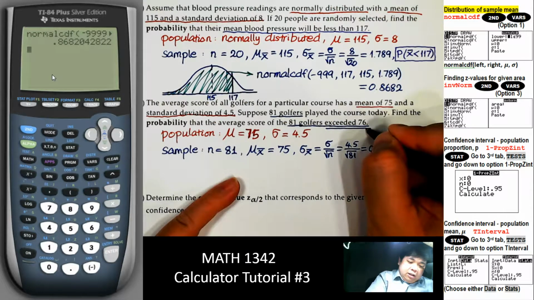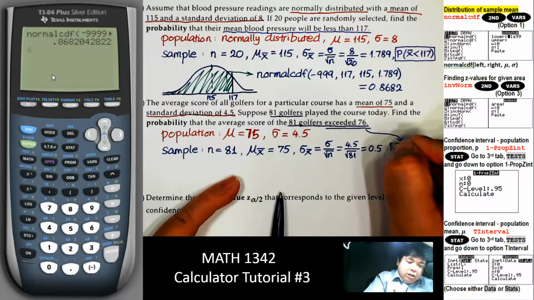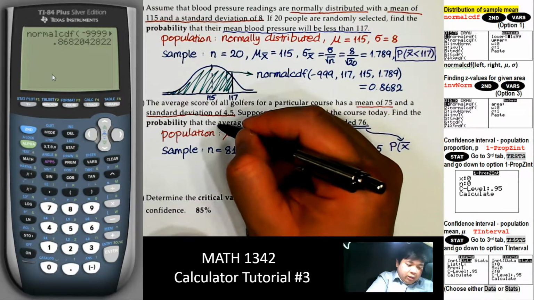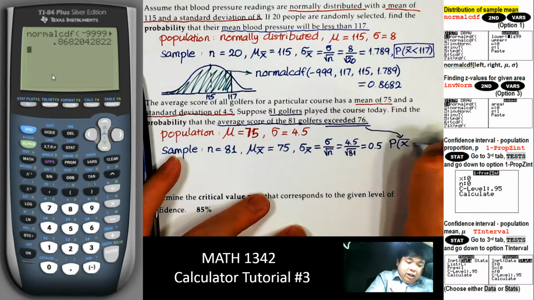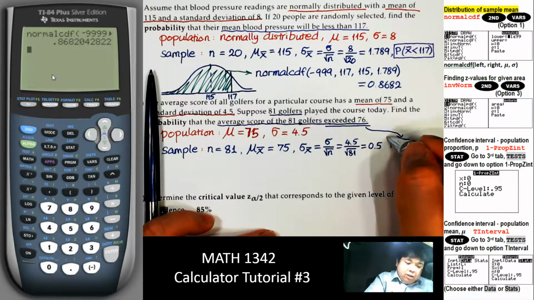So that is, for the population, when the mean, we want the average, so the mean is more than 76. And this is what the question asks.